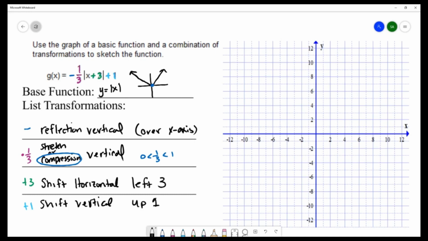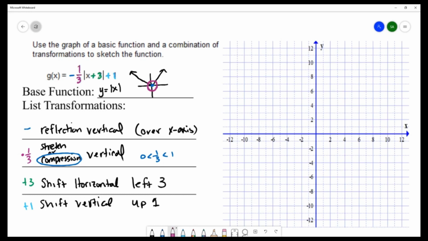So this gives me an idea of what transformations to apply to our absolute value graph, to our V-shaped graph. I want to apply the horizontal and vertical shifts because that's going to change the location of our corner.